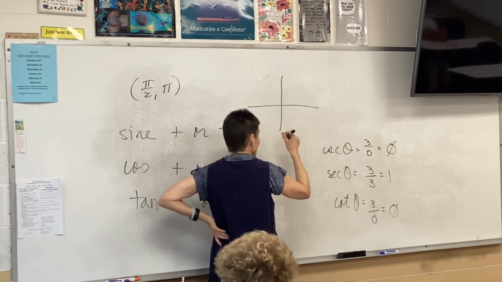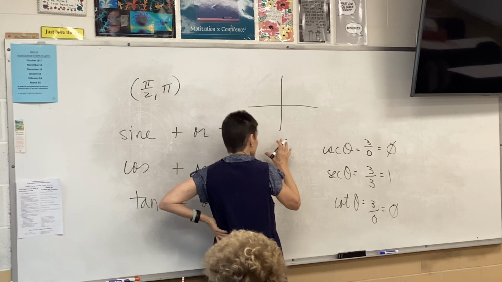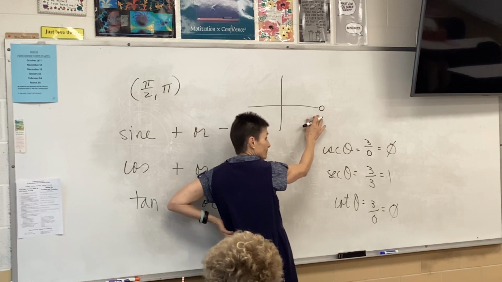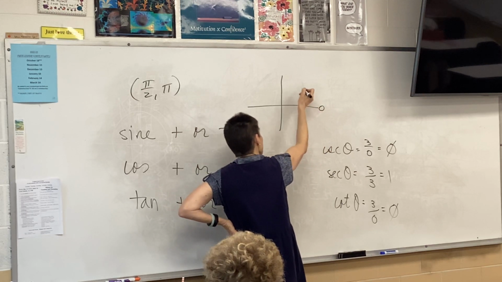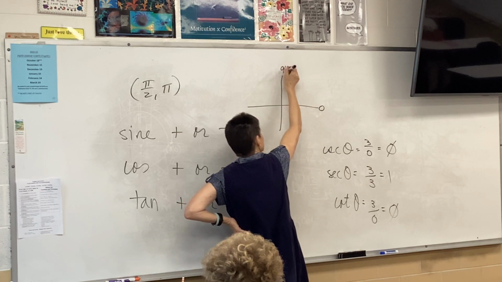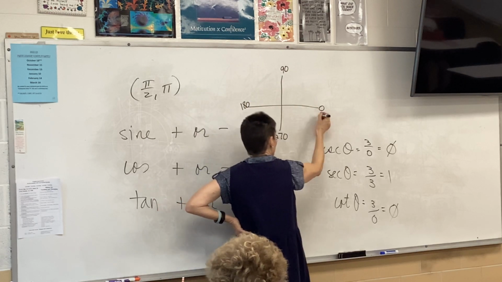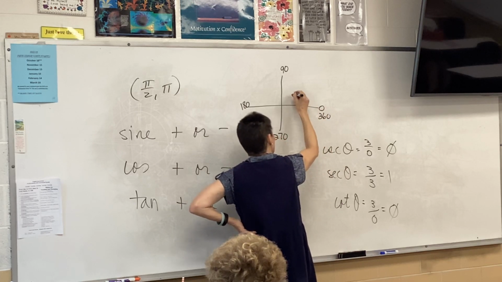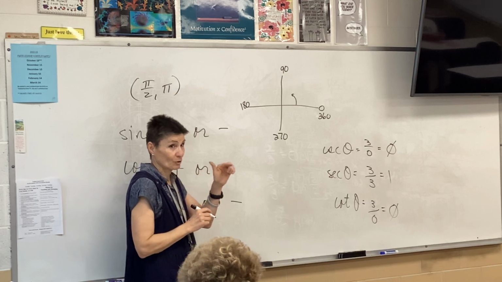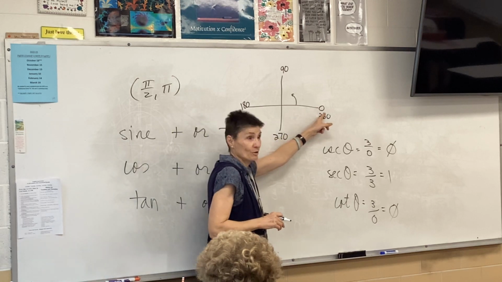In regular trigonometry, not navigation, 0 is here, and the angles are measured counterclockwise. So this is 0, this is 90, this is 180, this is 270, and then all the way back around is 360. So it goes this way. Now I know what you're thinking, because we took a quiz yesterday, and I asked you to draw an angle, and this is not where you started.